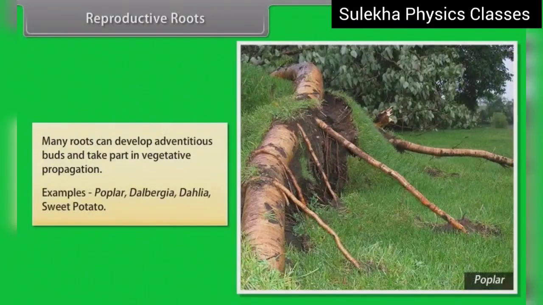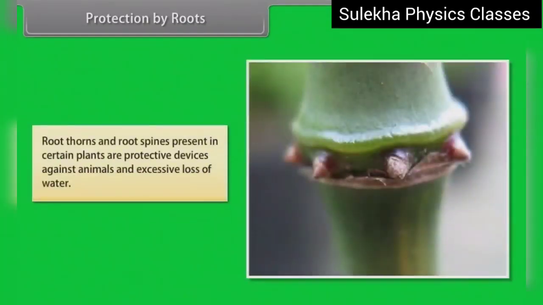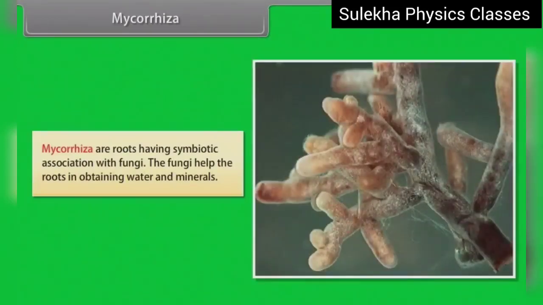Examples: poplar, Dalbergia, dahlia, sweet potato. Protection by roots: root thorns and root spines present in certain plants are protective devices against animals and excessive loss of water. Mycorrhiza: mycorrhiza are roots having symbiotic association with fungi. The fungi help the roots in obtaining water and minerals.